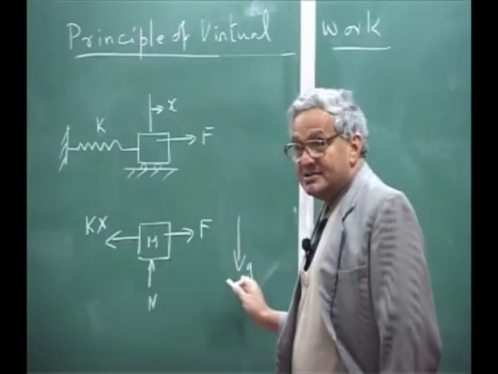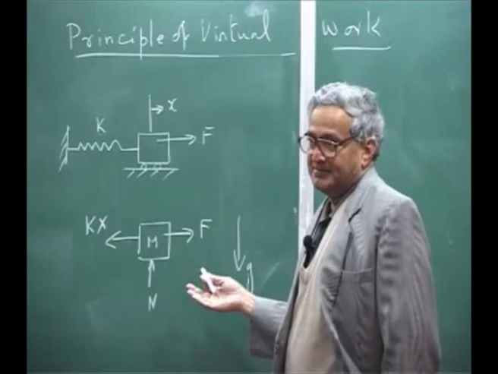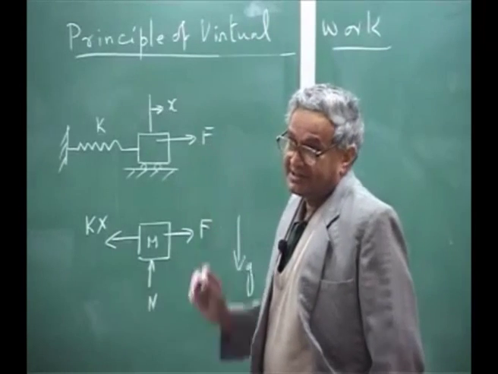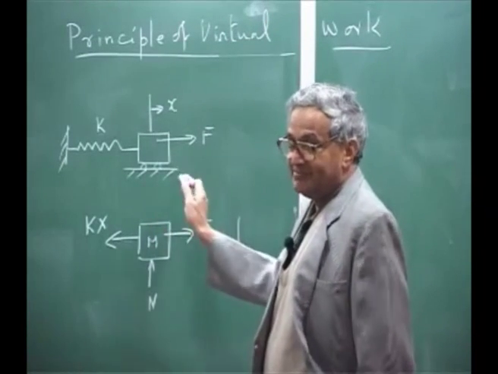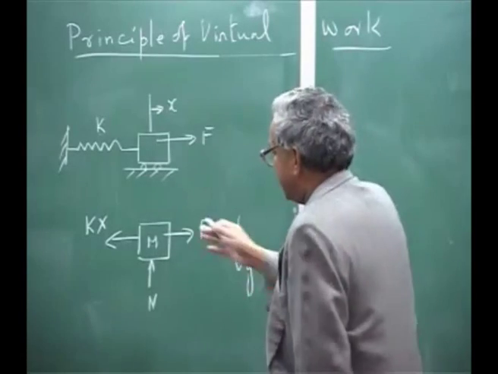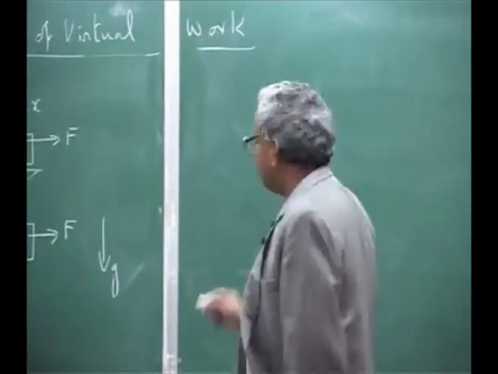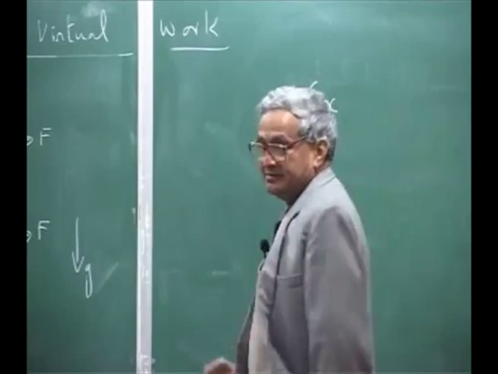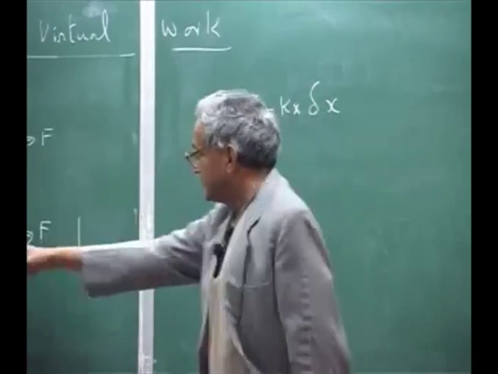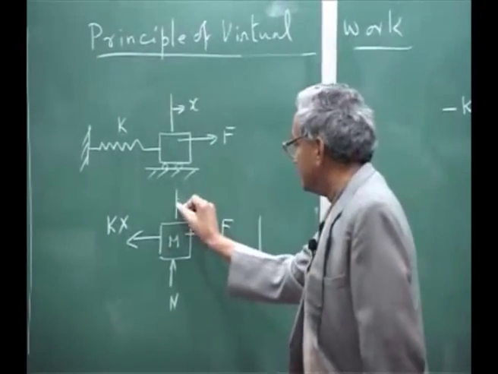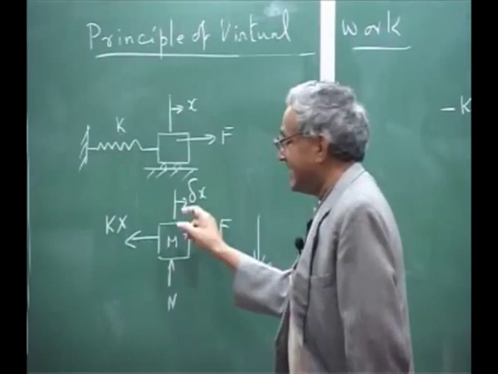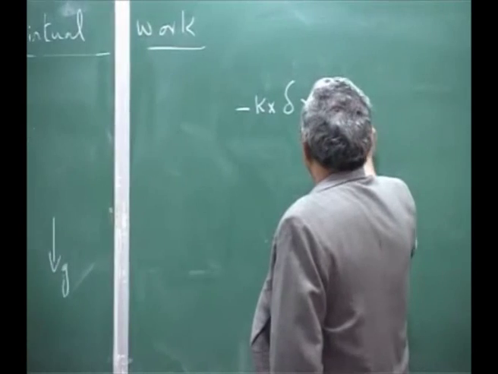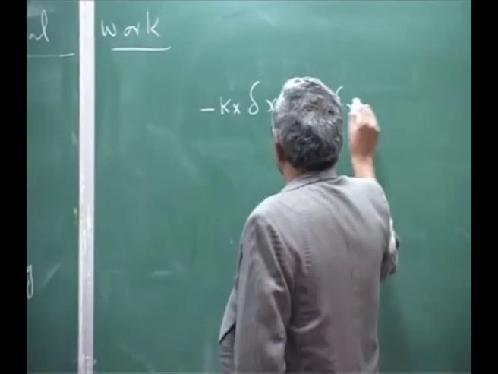Therefore, N and the gravity force can't do any work, but it can move in the horizontal direction. If it moves horizontally with a virtual displacement delta x, now what will you have? You will have minus kx delta x, that is, this force doing work through a virtual displacement delta x. This also does F delta x.